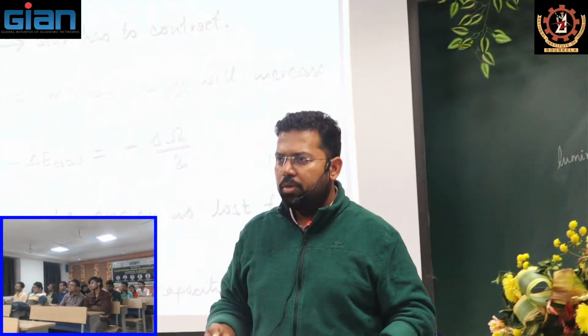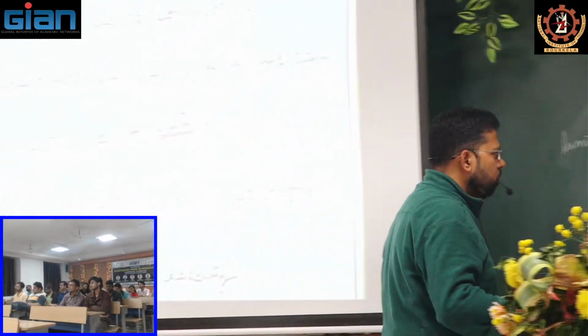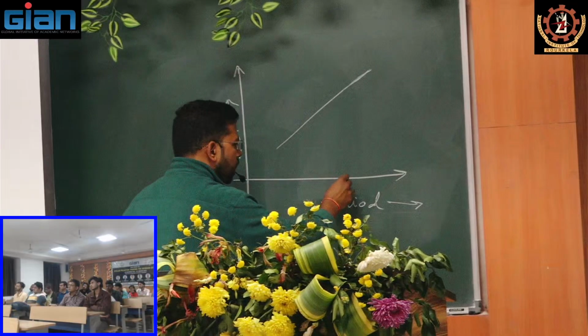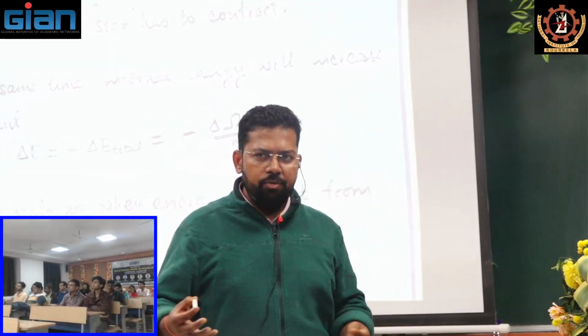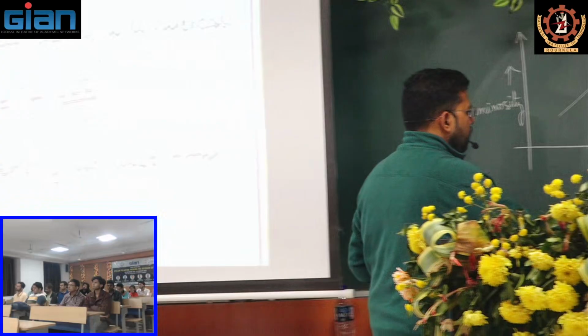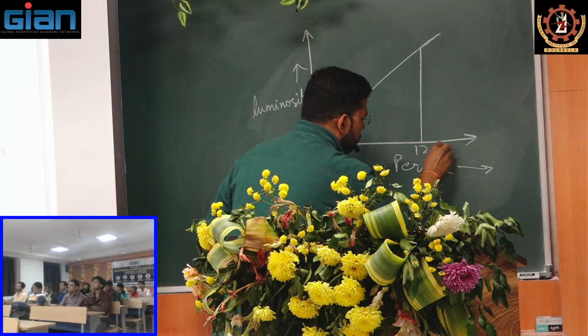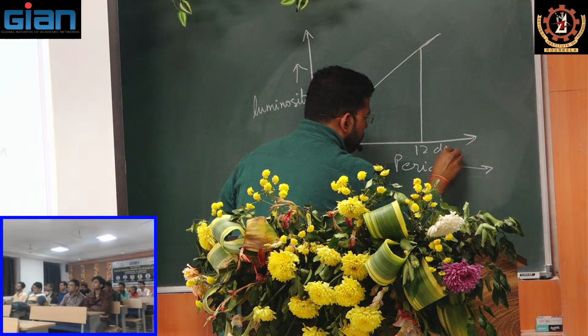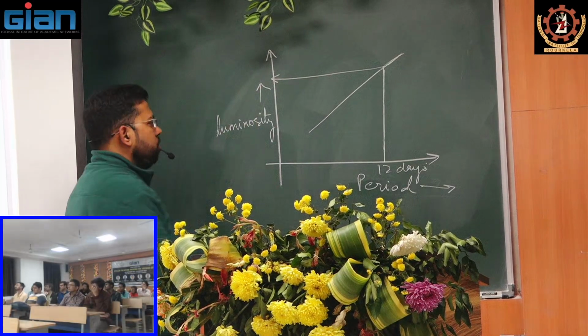If I'm just taking a random value, let's say a relation which is valid for my class of Cepheid variable stars, and that relation is valid for Cepheids having a period of, for example, maybe 12 days, it corresponds to a certain luminosity, and I know the value of my luminosity.